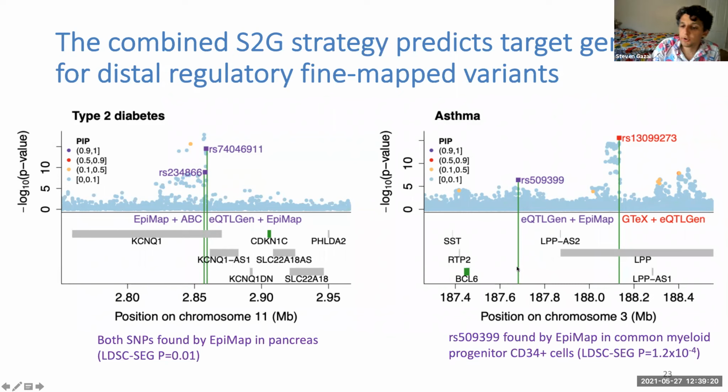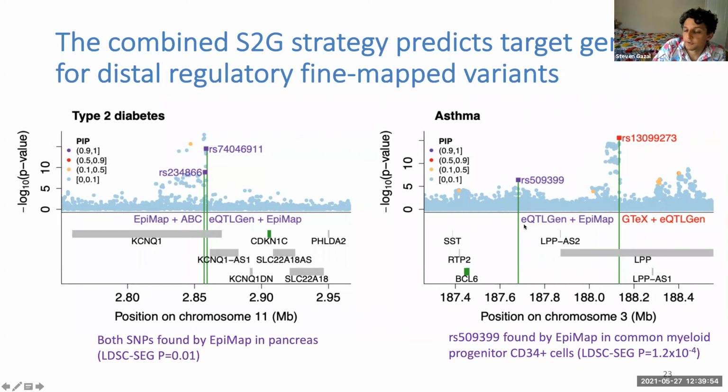Here we have another similar example in asthma with two different SNPs. Again, they are independent of each other, and they both use different SNP-to-gene strategies to target the gene BCL6, which is a good candidate gene because it has some impact on immune function.